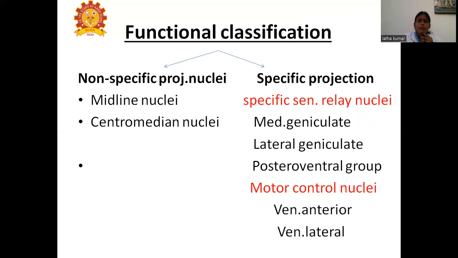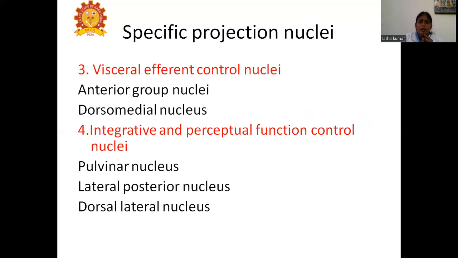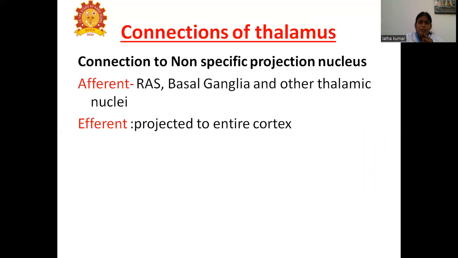The specific sensory relay nuclei are the medial geniculate, lateral geniculate, and posterior ventral group of nuclei. Motor control nuclei are the ventral anterior and ventral lateral. Visceral efferent nuclei are the anterior group and dorsal group nuclei. And the integrative and perceptual function control nuclei are the pulvinar, lateral posterior, and lateral dorsal nuclei.